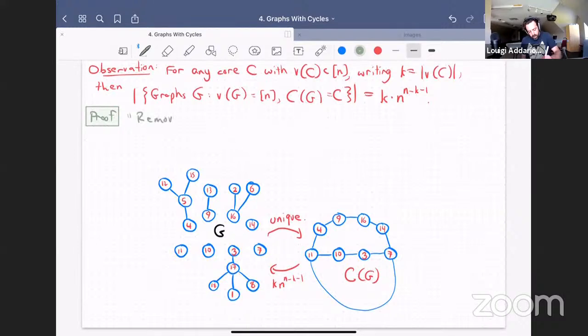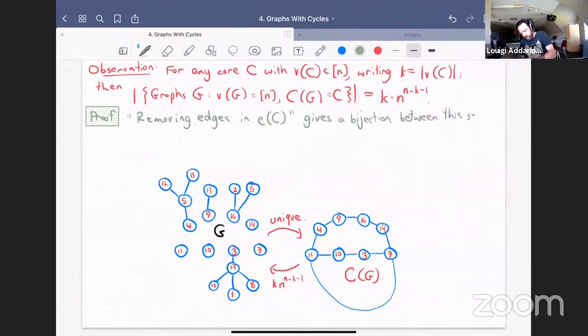So just to at least write down some words which correspond with that picture, even if I'm not being 100% formal: the operation of removing the edges of the core gives a bijection between this set and the set, we had a name for this, Fn, right?